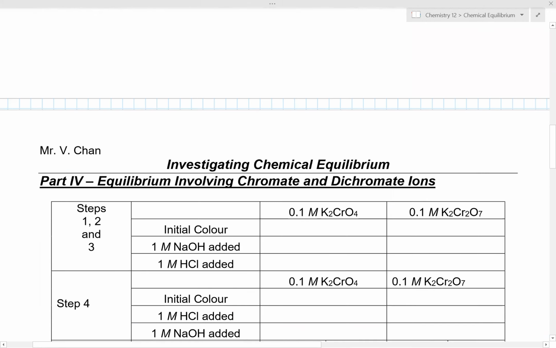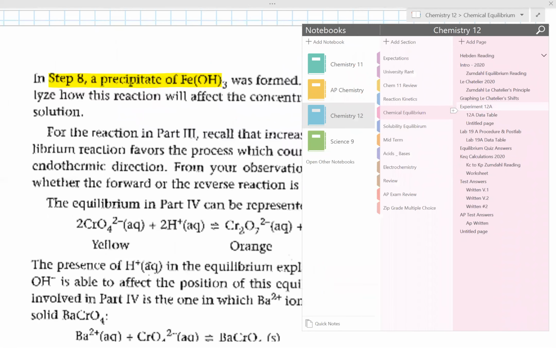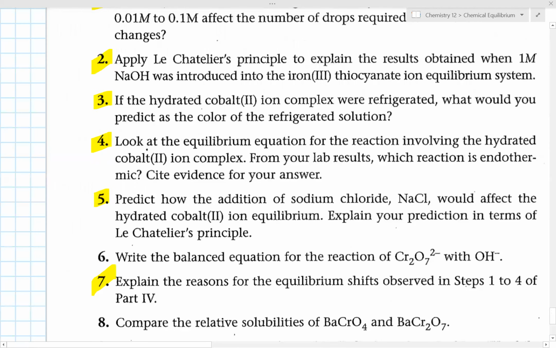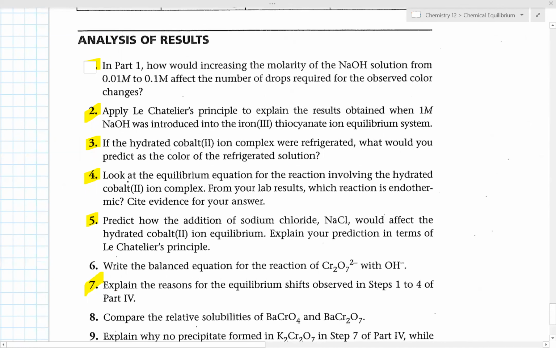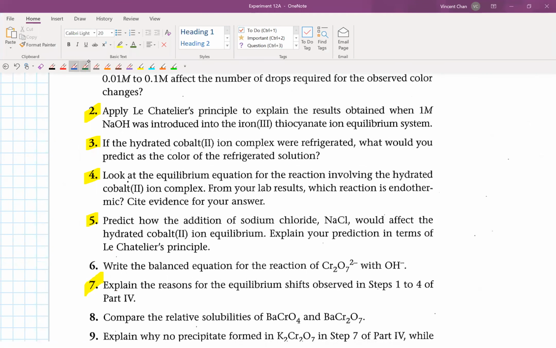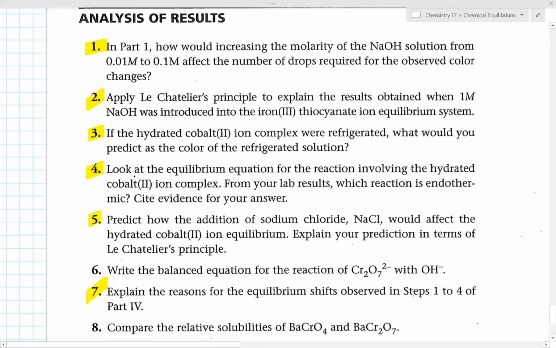What I'm going to ask you to do is this. As part of your homework for this lab, I'm going to ask you to do question numbers 1, 2, 3, 4, 5.